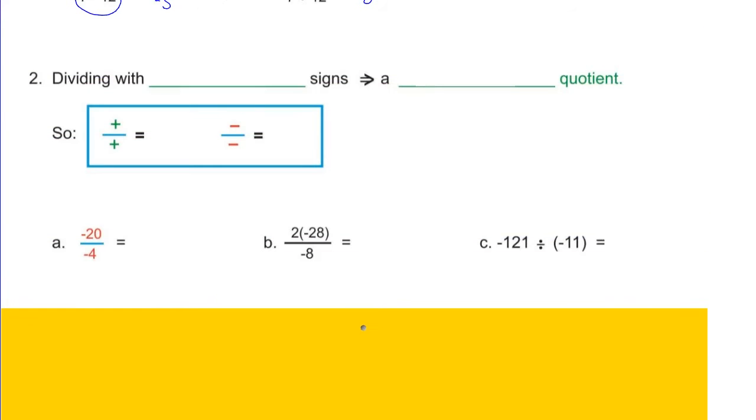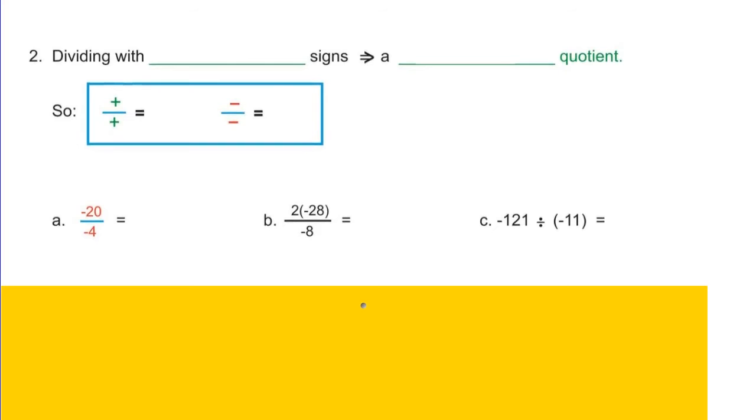So how about if we're going to divide with 2 of the same signs, right? So dividing with the same signs. And look, we know a positive divided by a positive is a positive, and just like in multiplication, a negative and a negative is a positive. So let's finish our rule here. Pretty simplistic.